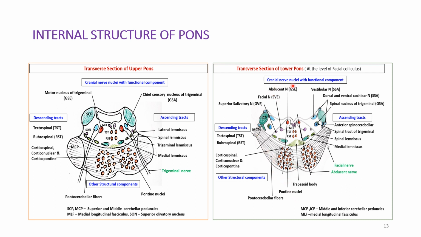And the cranial nerve nuclei with their functional components: vestibular nerve, abducent nerve, facial nerve, superior salivatory nucleus, cochlear nerve, and spinal nucleus of the trigeminal nerve. So you have ascending and descending tracts and some cranial nerve nuclei with their functional components and some other structural components in the upper pons and lower pons.